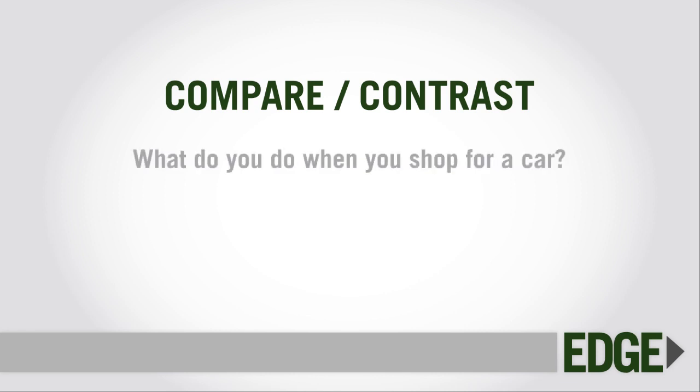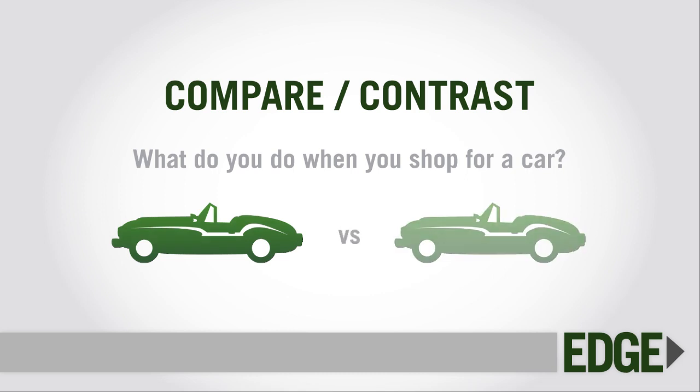So let's compare and contrast like everyone is used to doing. As you learned in the first two tracks, what do you do when you shop for a car? You compare dealerships to different dealerships to find value, right? That's a common technique. The advent of the internet has brought all that information to the consumer's fingertips.